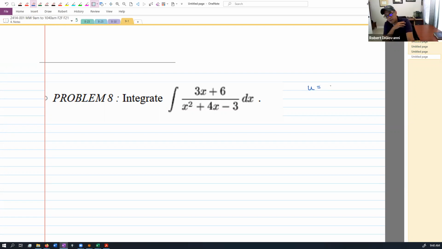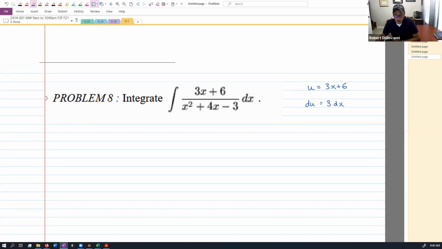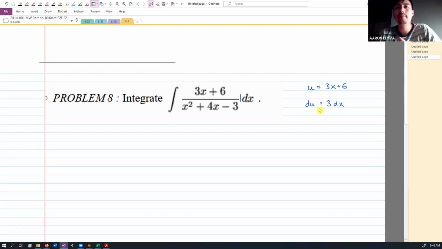Yeah. Okay. If we did that, 3x plus 6, what would the derivative of that be? 3 dx, right? Which you don't have. You do have a 1 dx, don't you? You don't have a 3 dx, but you could multiply both sides by 1/3.